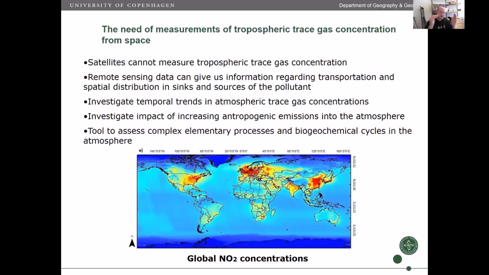Then we can study whether there was a breakpoint there. Did it have any impact or not? So this is a very strong tool to get further understanding of the cycles of these trace gases in the atmosphere.